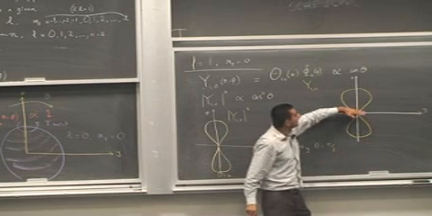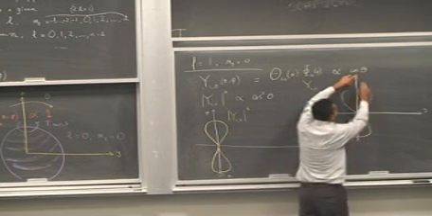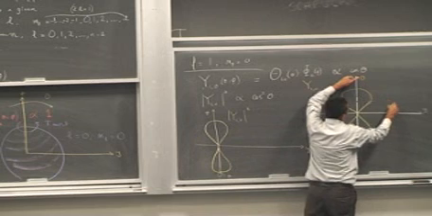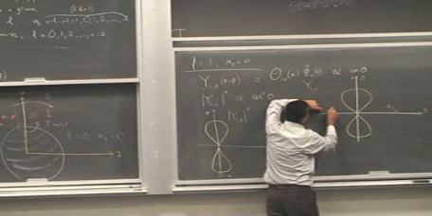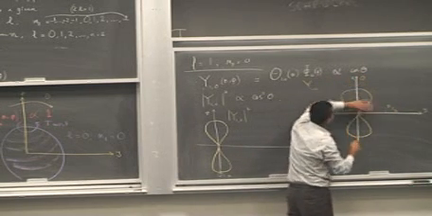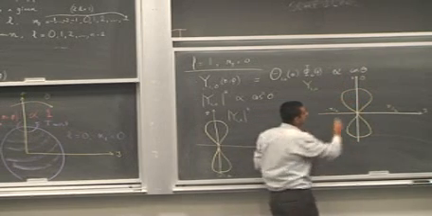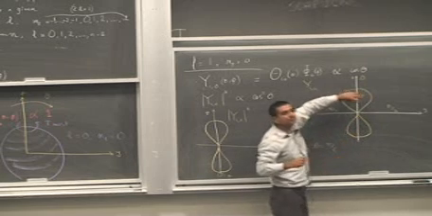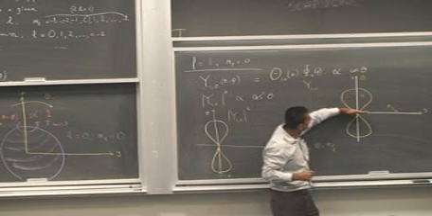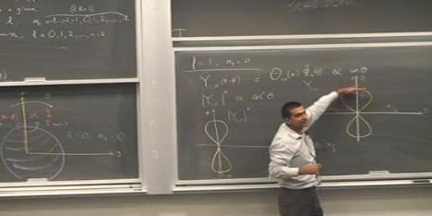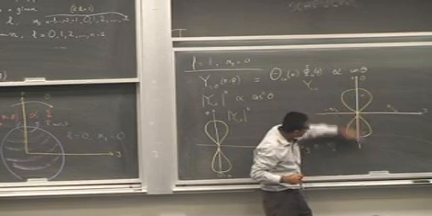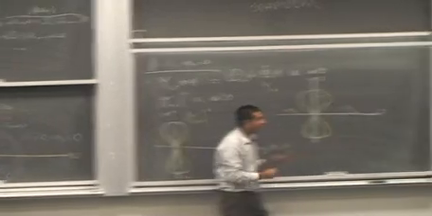With the difference that when theta is between 0 and pi by 2 and between minus pi by 2 and 0, you get a positive number here. So this lobe is positive. The wave function in this region is positive, whereas the wave function in this region is negative.